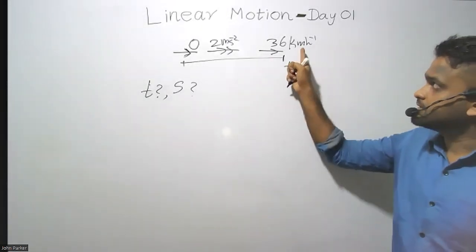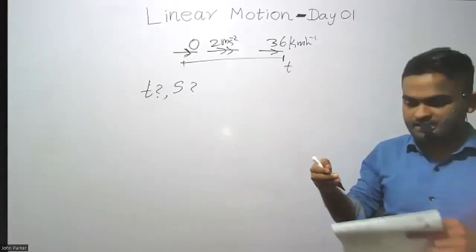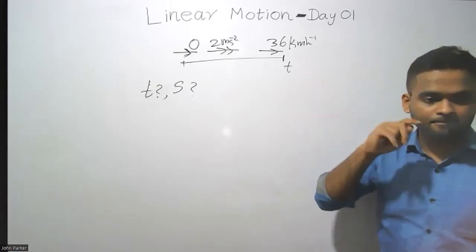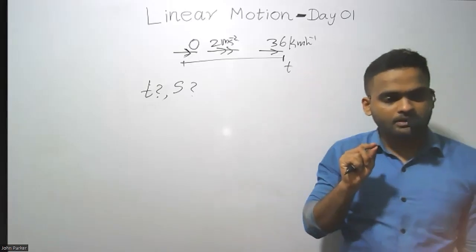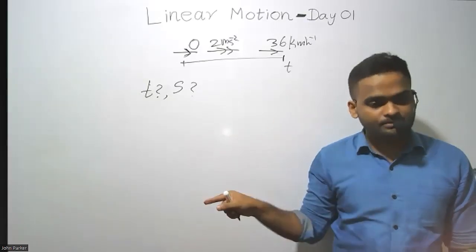So you can see this is not in meters per second. Everything should be in meters per second if there are different types of units, right? This is in kilometers per hour. So you have to remember how to convert kilometers per hour into meters per second.